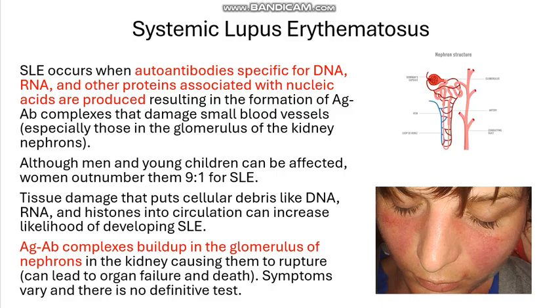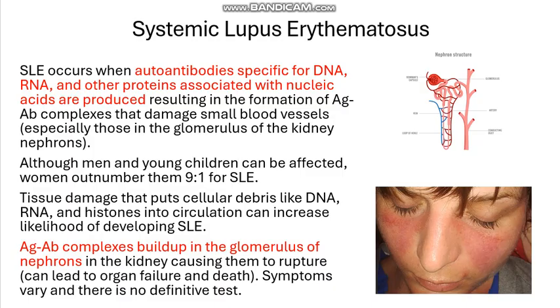Normally during the process of ultrafiltration, sugars like glucose and large proteins are unable to enter the filtrate, because they can't enter the glomerulus because they are too large.